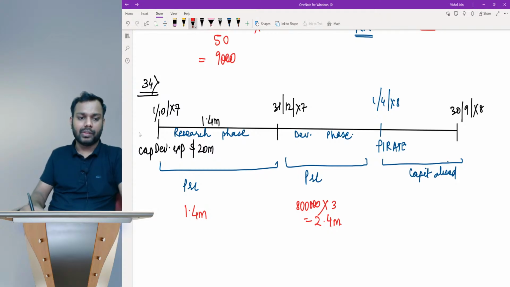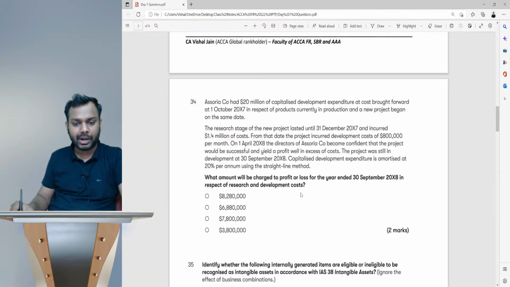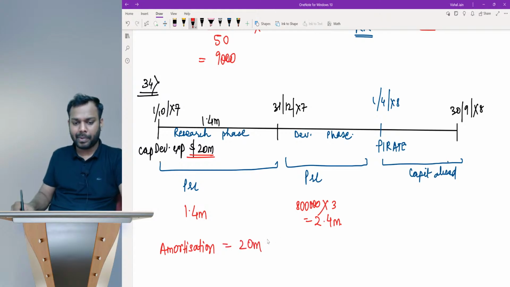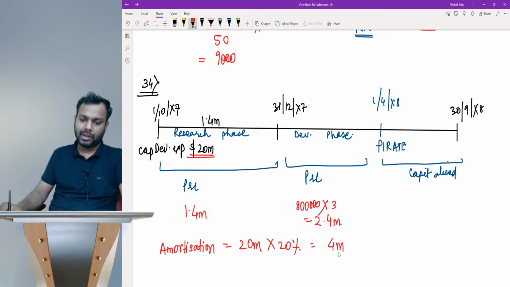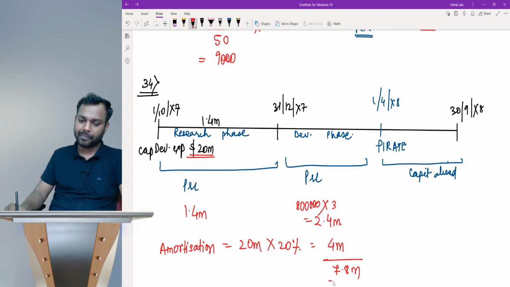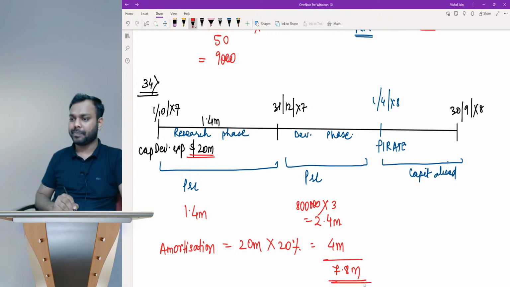Now this will be depreciated as well, right? So at what rate? 20%, so amortization of 20 million multiplied by 20% is 4 million. So 1.4 plus 2.4 is 3.8, 3.8 plus 4 is 7.8 million.